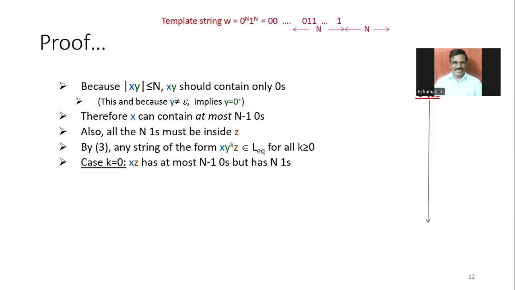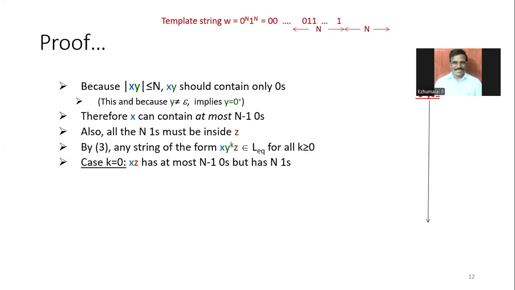Because |xy| is less than or equal to n, xy contains only zeros, and y contains at least one zero. Therefore x can contain at most n minus 1 zeros. Also, all the n ones must be inside z. By the lemma, any string of the form x y^k z belongs to the language for all k greater than or equal to 0.